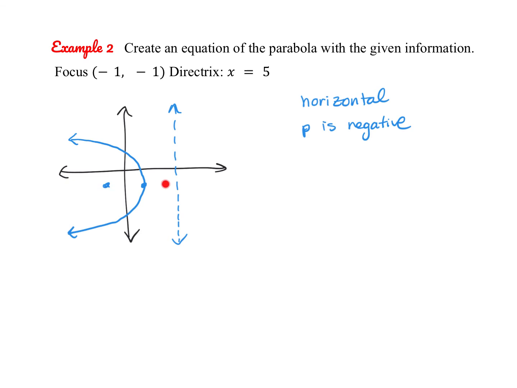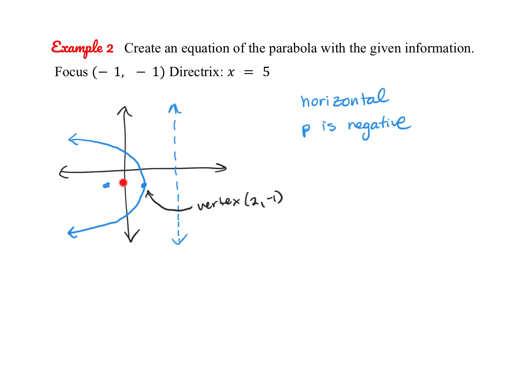Okay, so now we can figure out where our vertex is, because again, it's going to be exactly halfway in between this at -1 and this at 5. So it should be 3 units from either way. So we can see that our vertex, which is right here, should be at 2, -1.